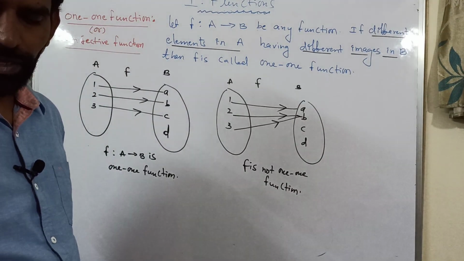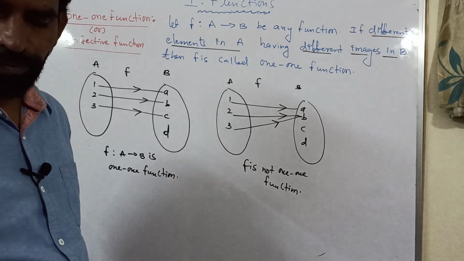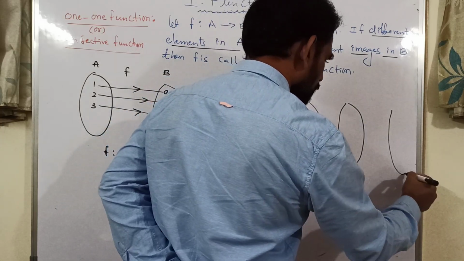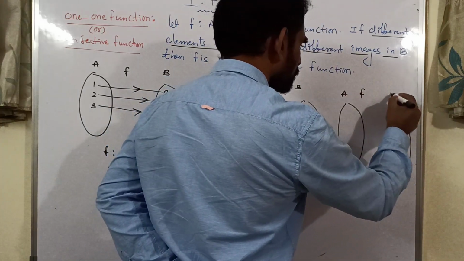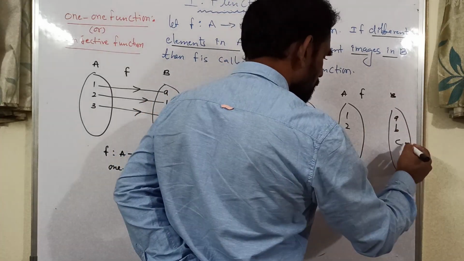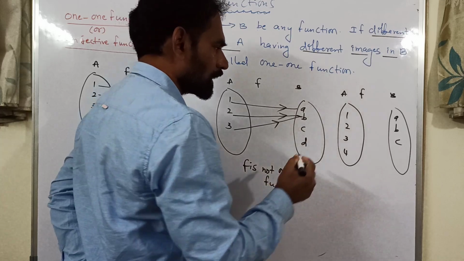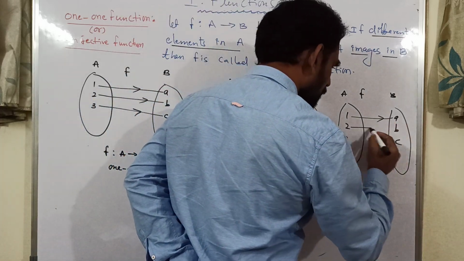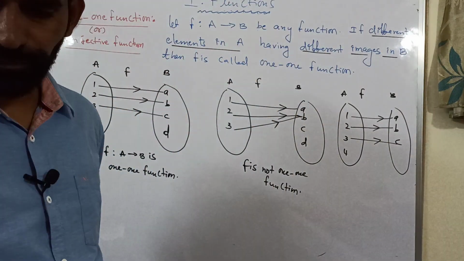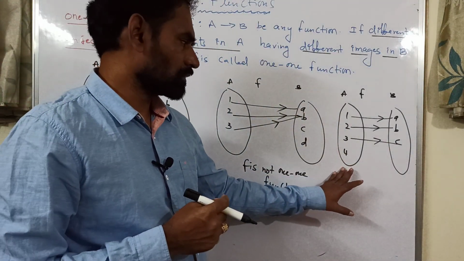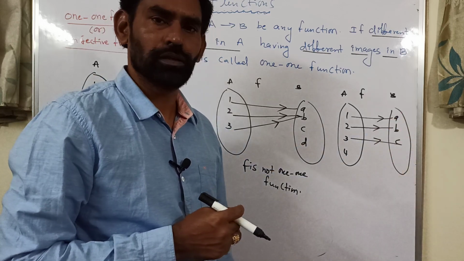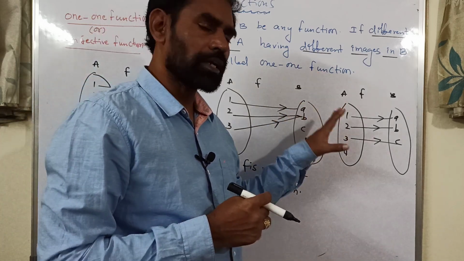Next, I am taking another example. f from A to B, 1, 2, 3, 4 and a, b, c. Clearly here 1 to a, 2 to b, 3 to c. Is it one-one or not? Clearly observe this, 4 is not associated with any element in B. Basically, it is not a function.